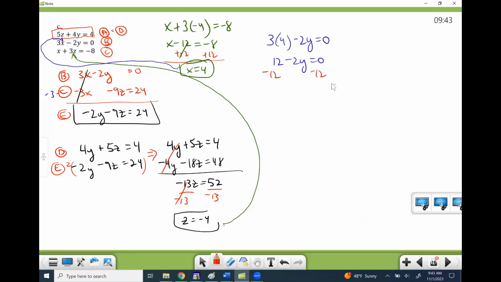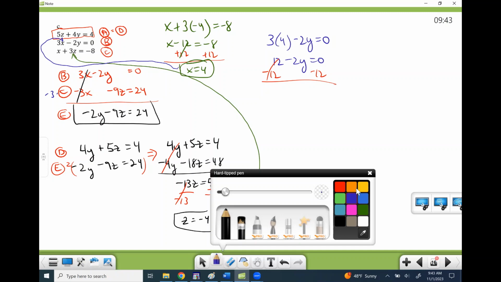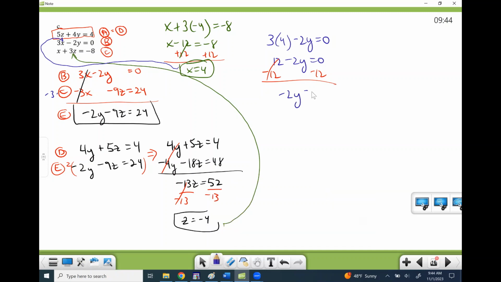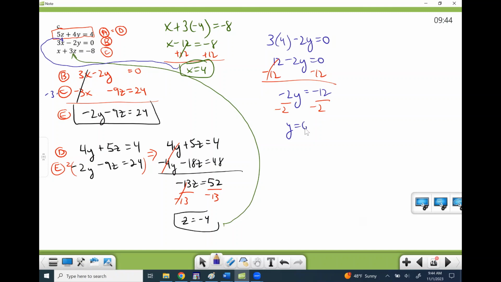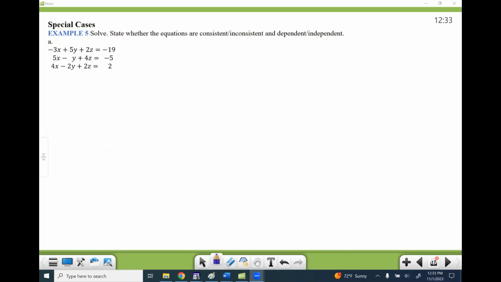Take away 12. And divide by negative 2. So we end up with y equals 6, okay? All right, so our ordered triple is going to be 4 for the x, 6 for the y, and negative 4 for the z.